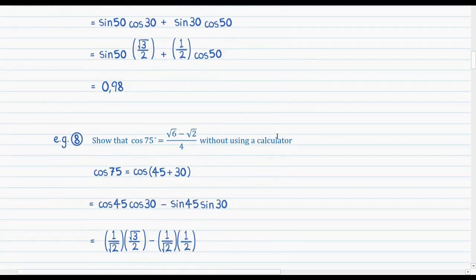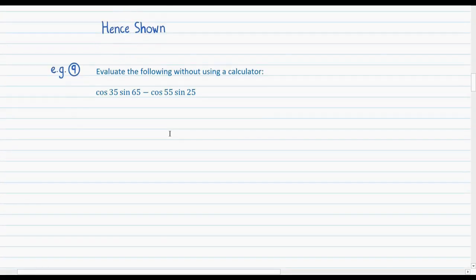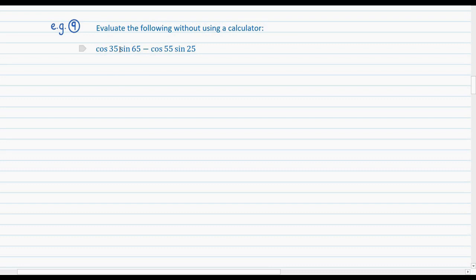And how you could do that is by changing the sine 65 to a cos term using the cofunction identity, and then changing the cos 55 to a sine term, again using the cofunction identity.